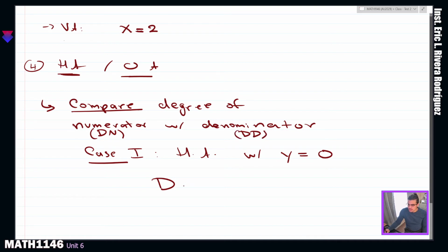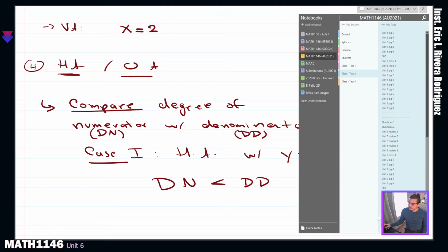All right, when dn, degree of the numerator, is less than degree of denominator. When that happens, we have a horizontal asymptote, and the equation of the horizontal asymptote will be at y equals 0.